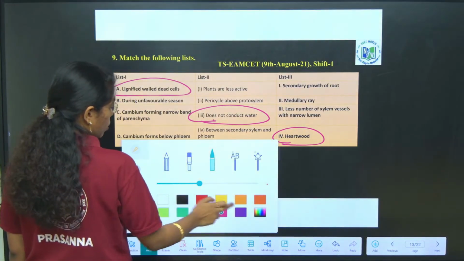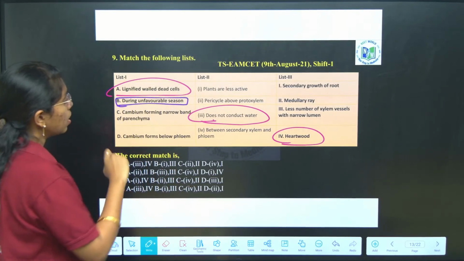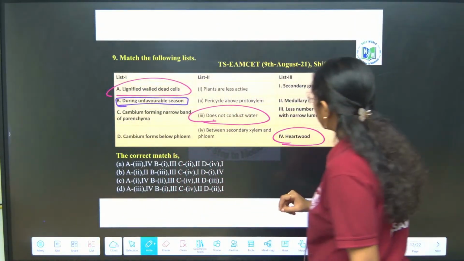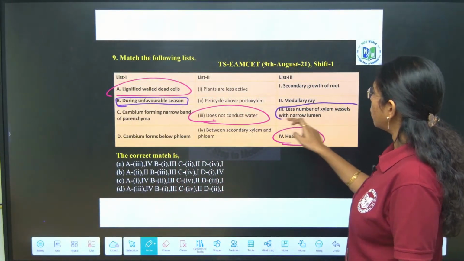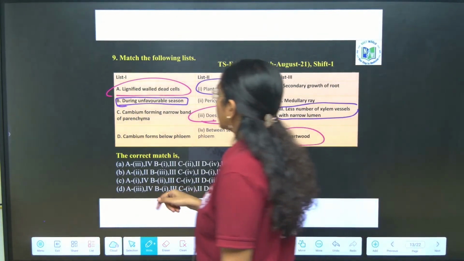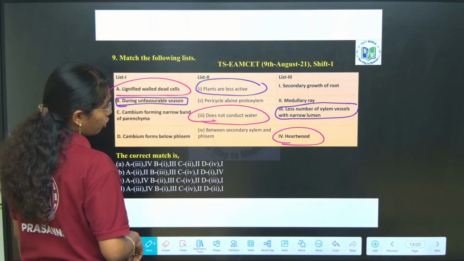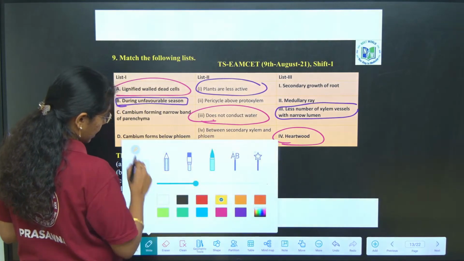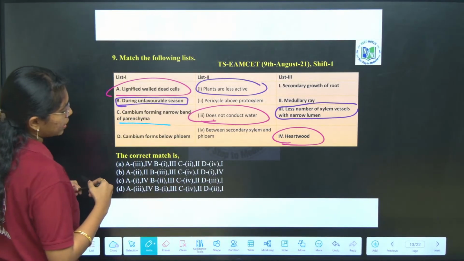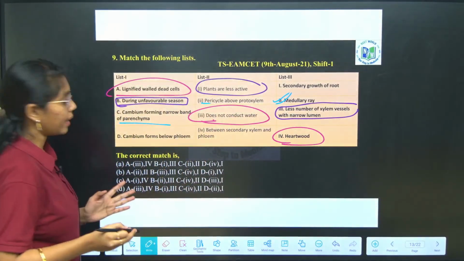Next, during unfavorable season, plant cells are less active with less number of xylem elements with narrow lumen. This is what? Autumn wood. Okay. Next, cambium forming narrow band of parenchyma. Narrow band of parenchyma, that is of pericycle to protoxylem, and it is about medullary rays which conduct the radial conduction.